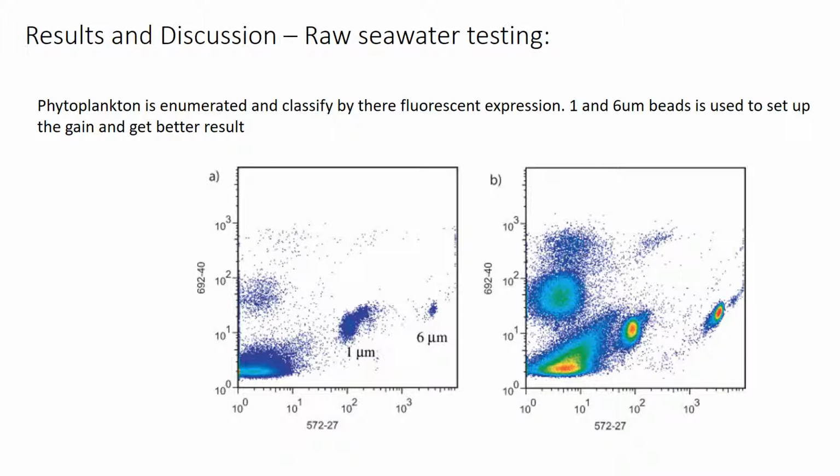On the left-hand side is the result from traditional flow cytometry. On the right-hand side is the virtual core flow cytometry result.